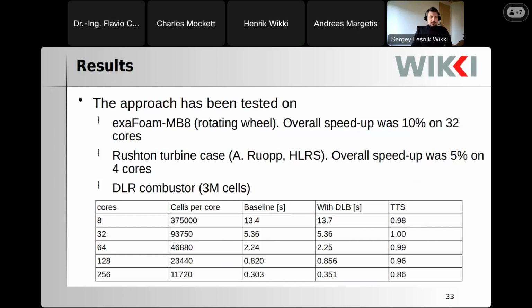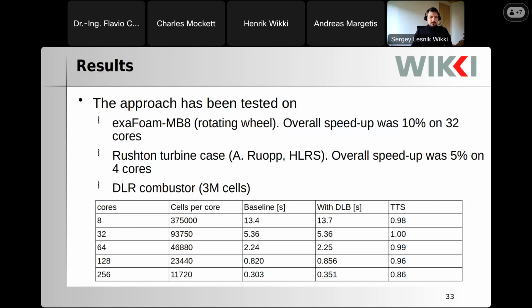You have to keep in mind that we expected that the benefit you would only see when you go to larger core counts. So there isn't that much idle time on a single node execution. There is something, but it is not a factor of 2 or something like that.